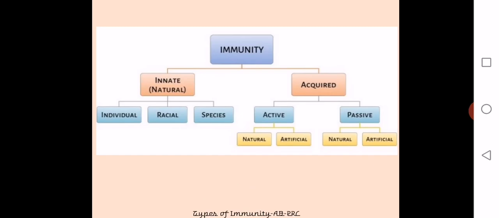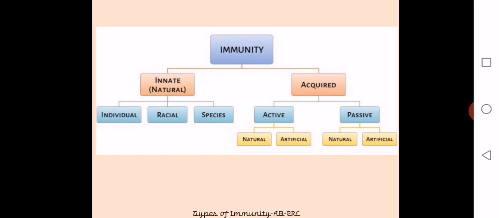Right? It's a property of the individual, of the host body, obtained by virtue of the genetic status of the individual. At the same time, acquired immunity is something which is acquired to adapt to the situation.